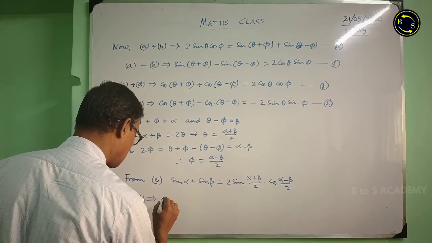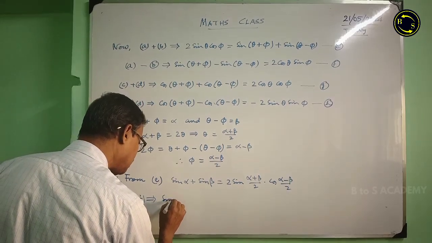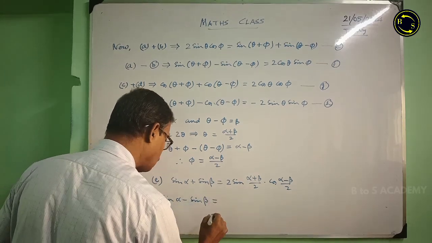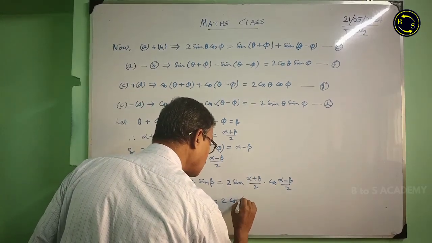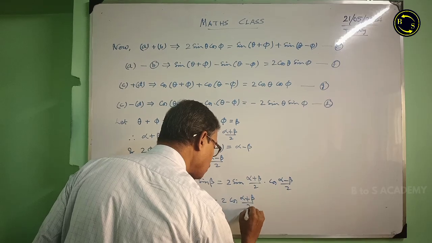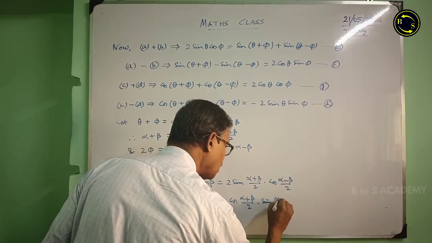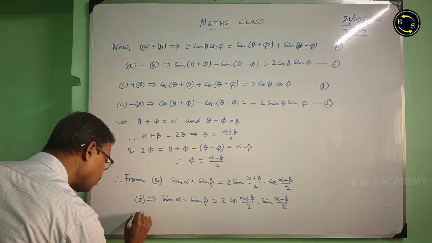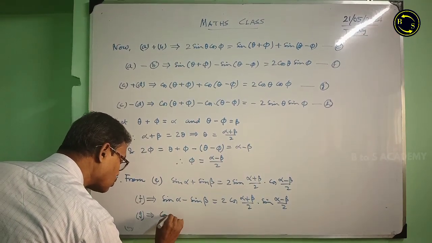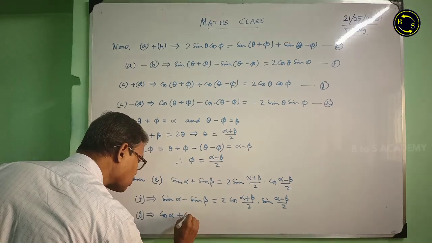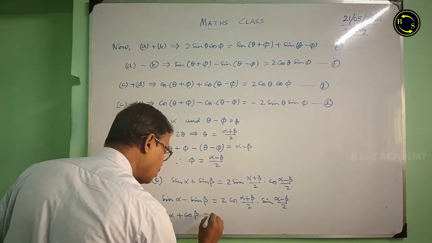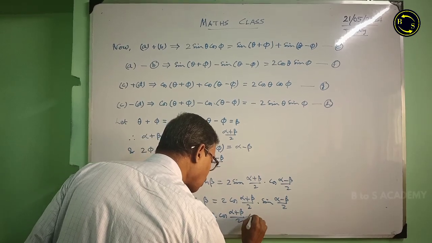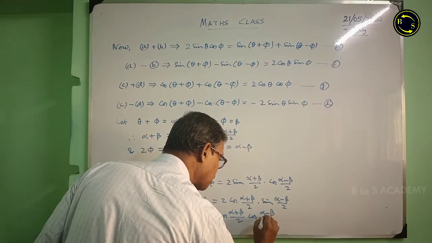give sin alpha minus sin beta, that is equal to 2 cos of alpha plus beta by 2 into sin of alpha minus beta by 2. G will give cos of alpha plus cos of beta, 2 cos of alpha plus beta by 2 cos of alpha minus beta by 2.